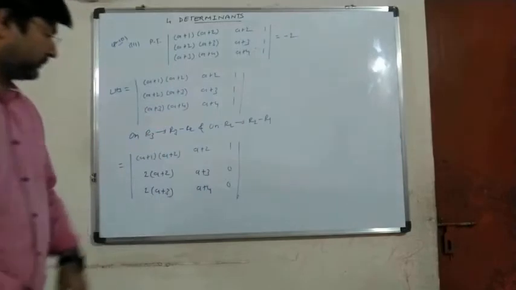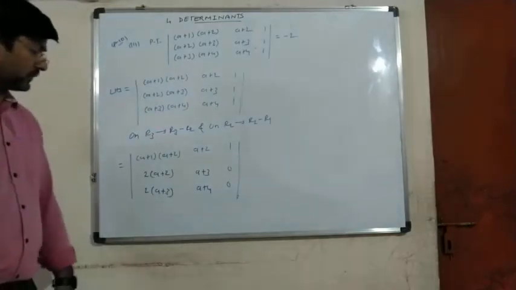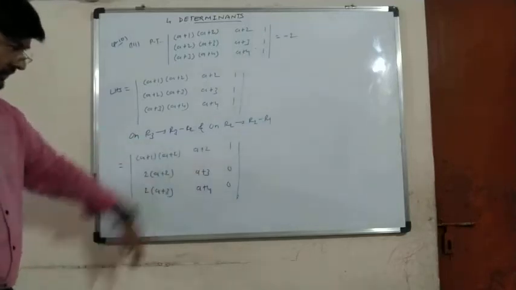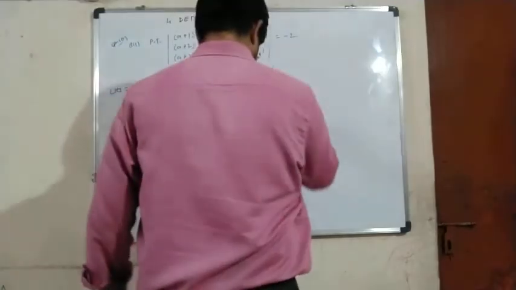Now we can expand, because we got the two zeros. Let us expand along the third column.